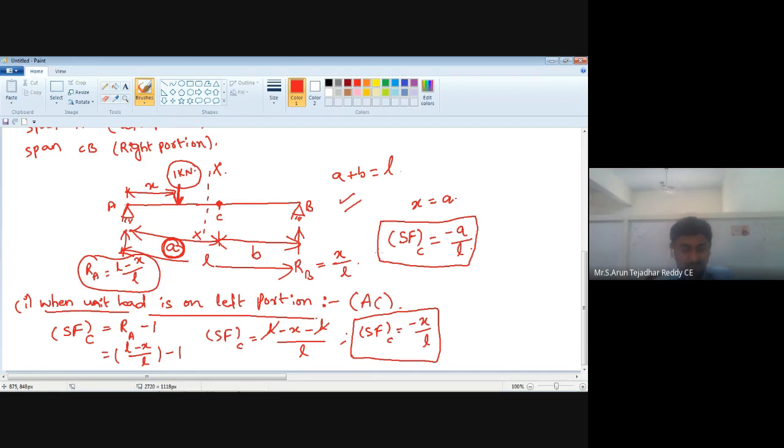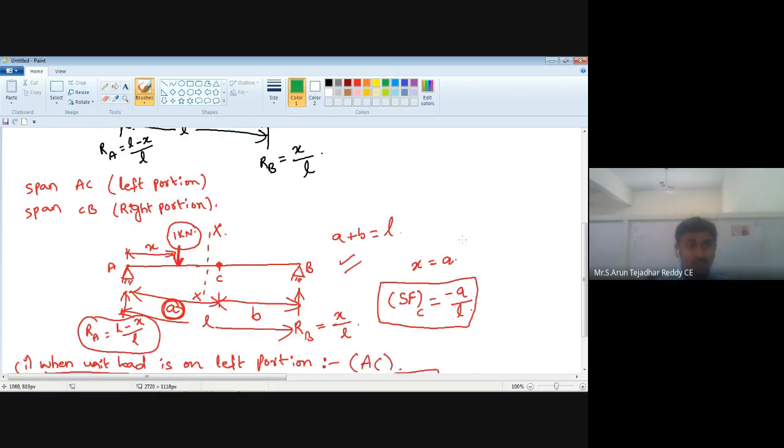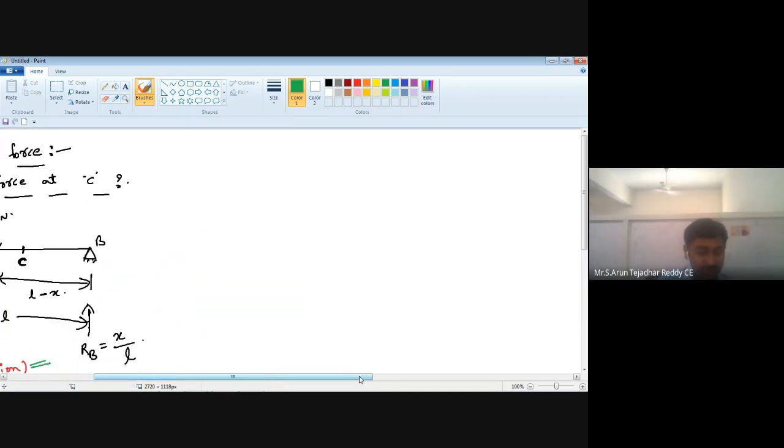Next, in these two portions, the left portion is completed. Now next is the right portion. When the unit load, that is 1 kilonewton, is on the right portion, that is CB.